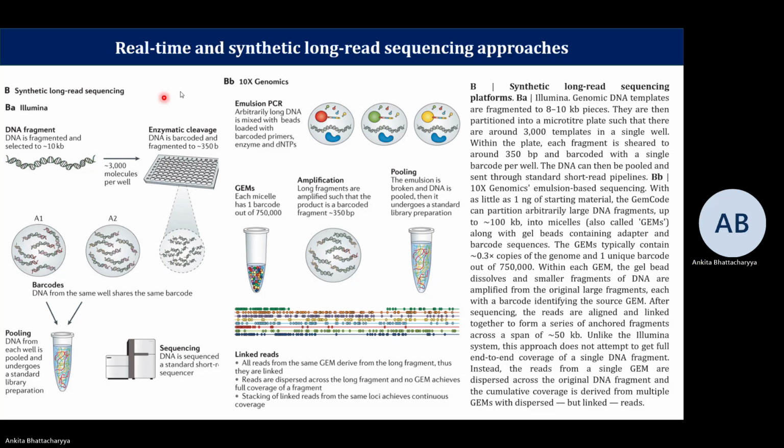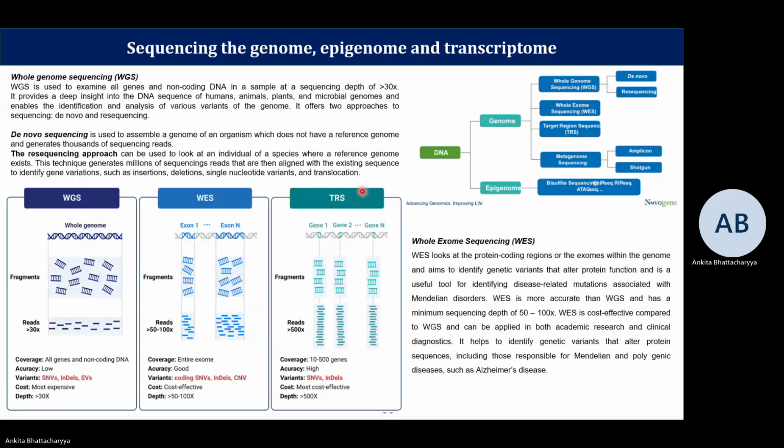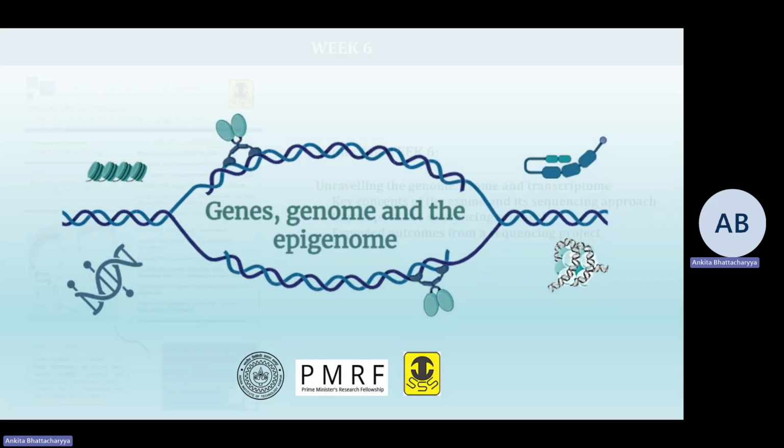Here also there is emulsion PCR and formation of gems, and all the reads from the same gem are derived from the long fragment, therefore they are linked. Then amplification and finally pooling is carried out. This was the sequencing of genome, epigenome, and transcriptome. We'll discuss this in more detail. So I'll move on to the next slide.